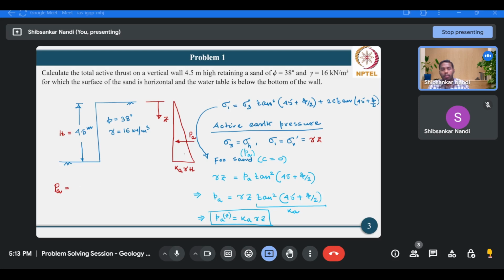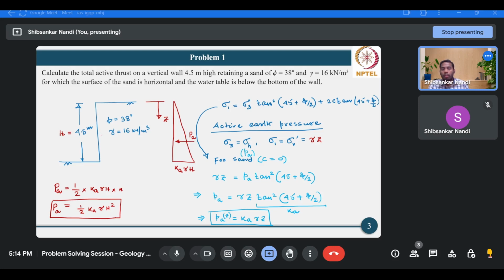So it will be half times Ka gamma H times H, that means half Ka gamma H square. This is the total active thrust acting on the back face of the retaining wall.